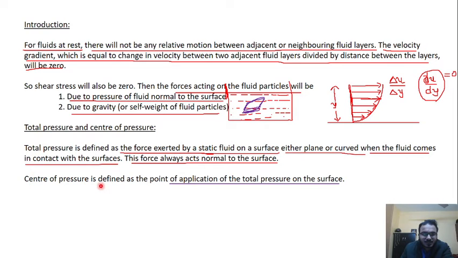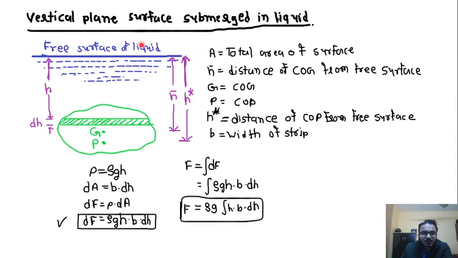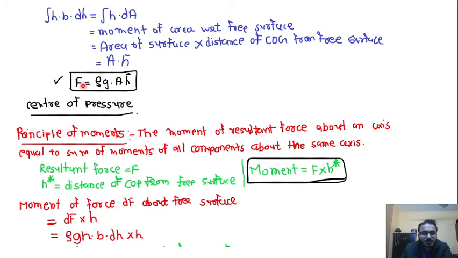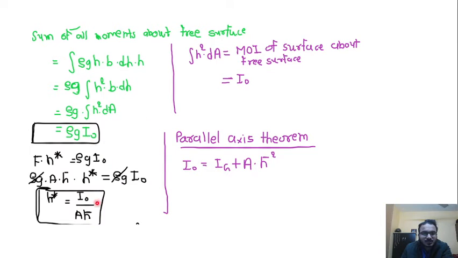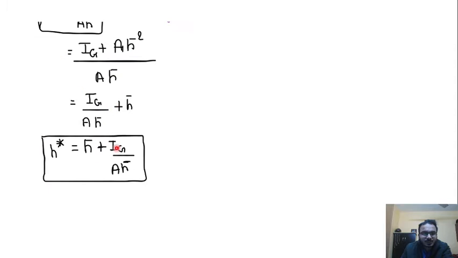The center of pressure is defined as the point of application of total pressure on the surface, and we have done this for a vertical plane submerged in liquid. So we obtained the formula for total pressure or force and center of pressure in this way, H star.